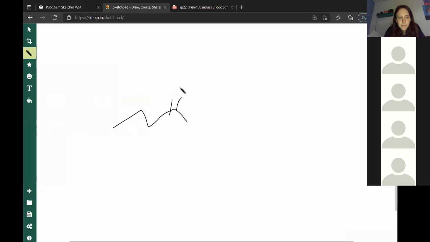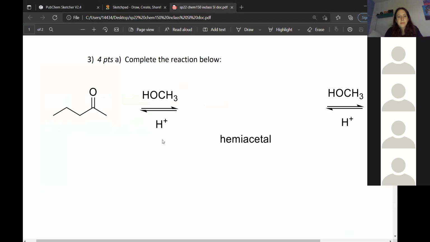All right. So this is the molecule that we're starting with. And when you add acid and then a specific alcohol, the one that we have in this example is just methanol.